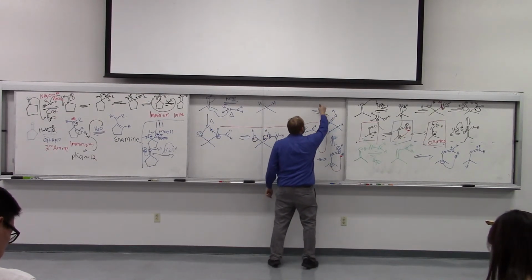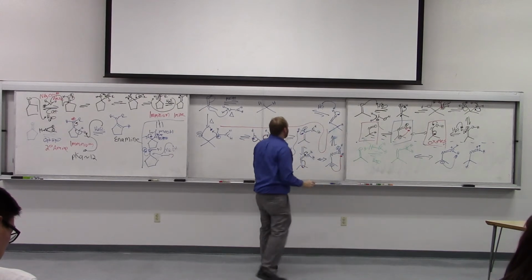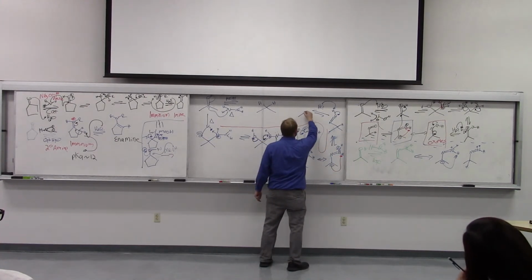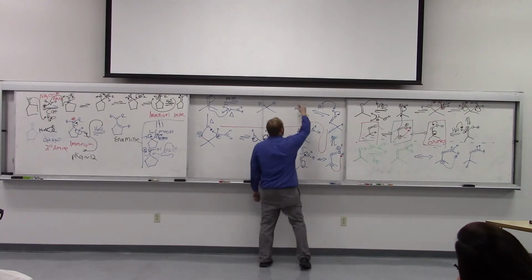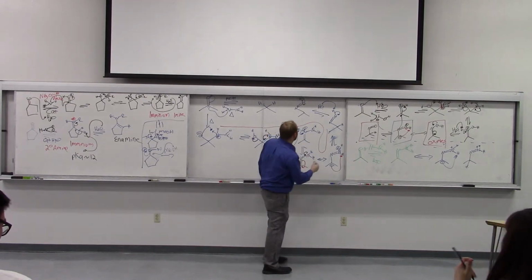We have base first grabbing this proton. I'm going to draw this way too stepwise to prove a point, but in reality, you can draw this fairly concerted if you'd like.